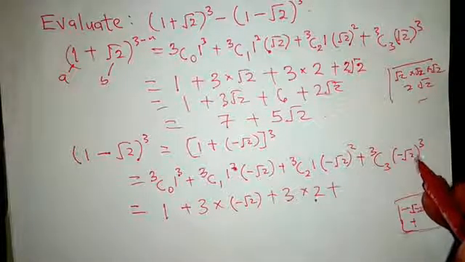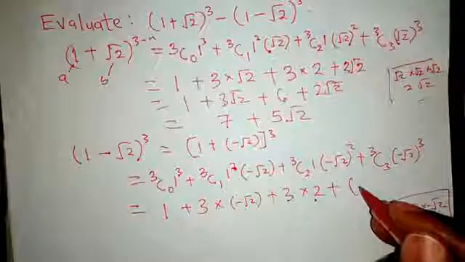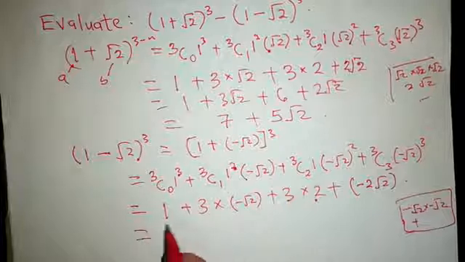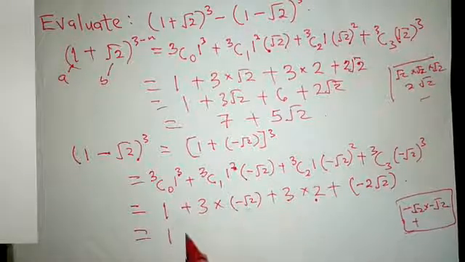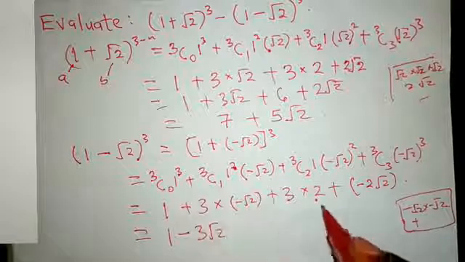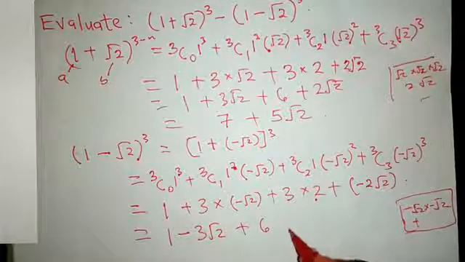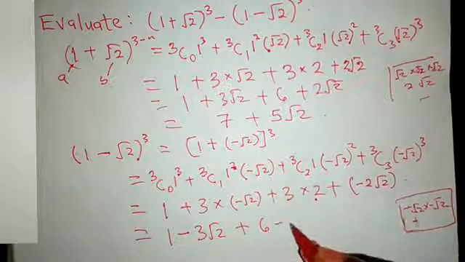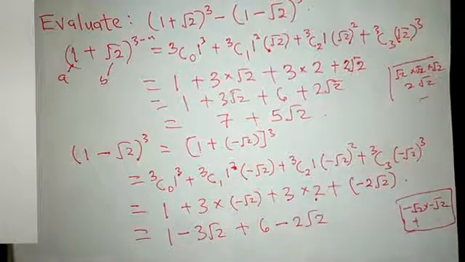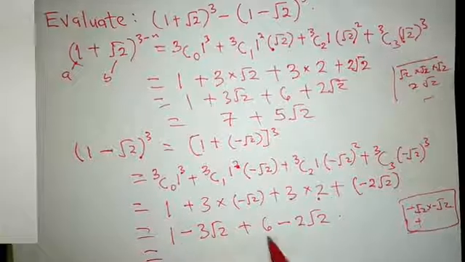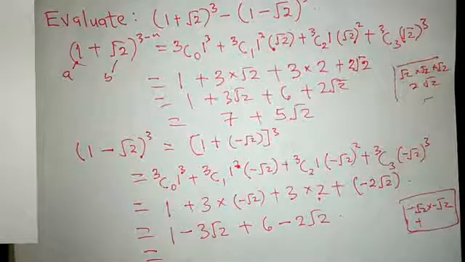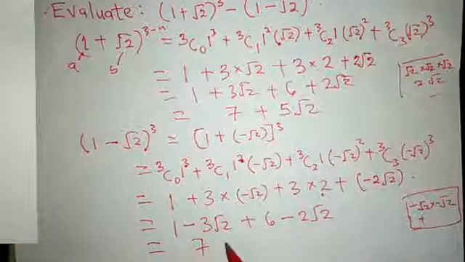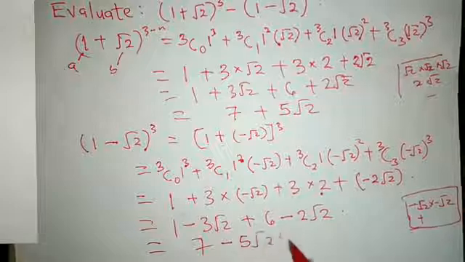Minus root 2 cubed gives us minus 2 root 2. And this gives us 1. 3 times minus root 2 gives minus 3 root 2. 3 times 2 is 6. Then we have minus 2 root 2. And this gives 1 plus 6 gives us 7, minus 3 root 2 minus 2 root 2 gives minus 5 root 2.